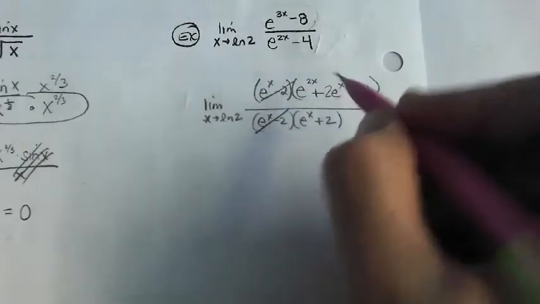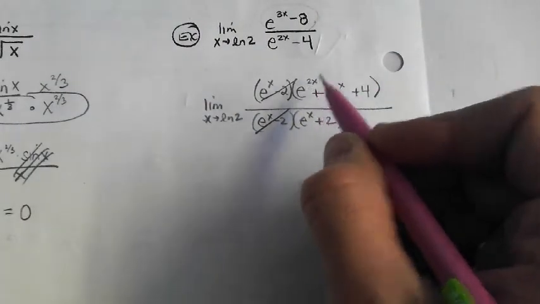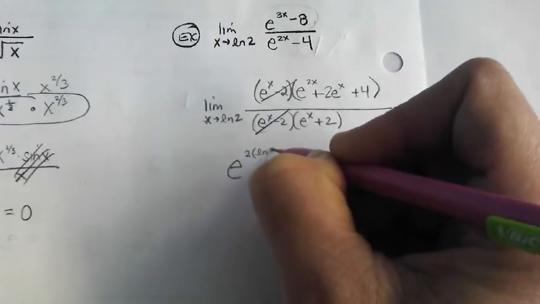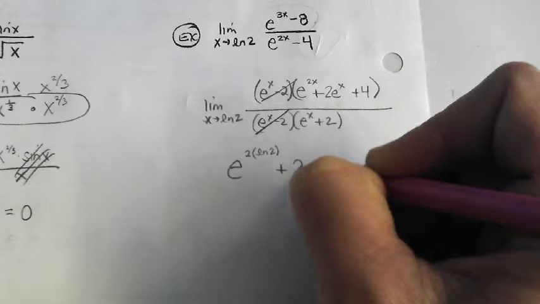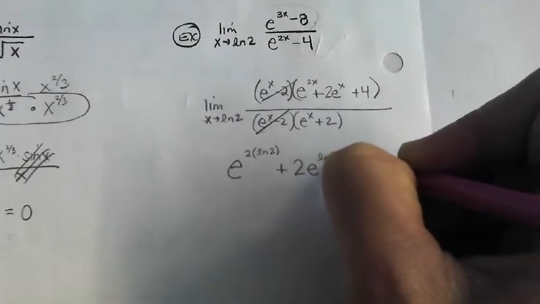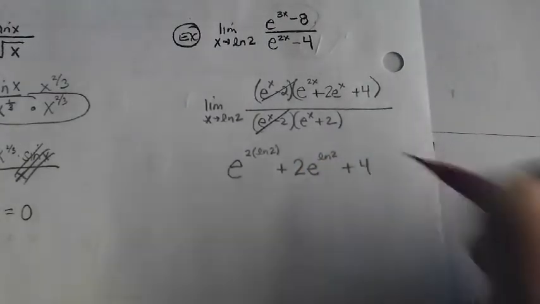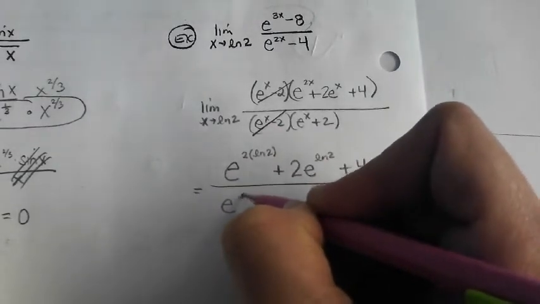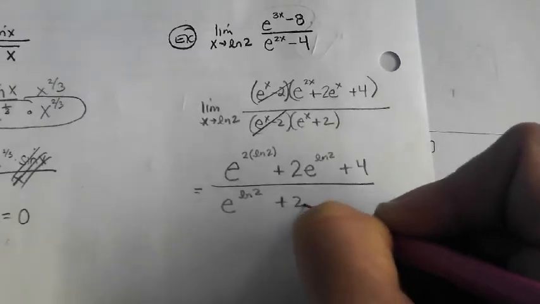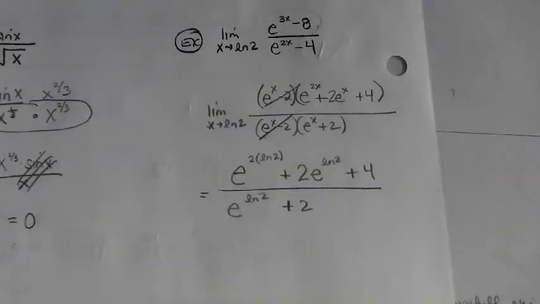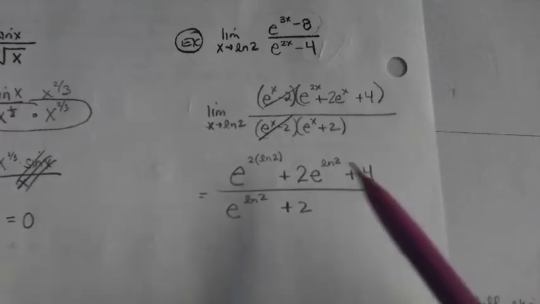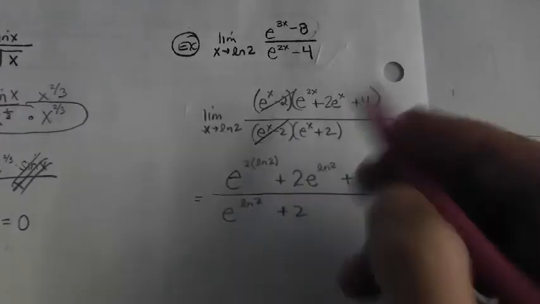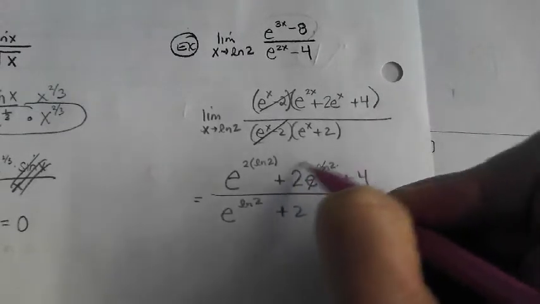So when I plug in the natural log of 2 up top, I get e to the 2 times the natural log of 2 plus 2e to the natural log of 2 plus 4 over e to the natural log of 2 plus 2. On this middle term, the e and the ln can cancel. Agreed? So this is just going to be 2 times 2, which is 4.